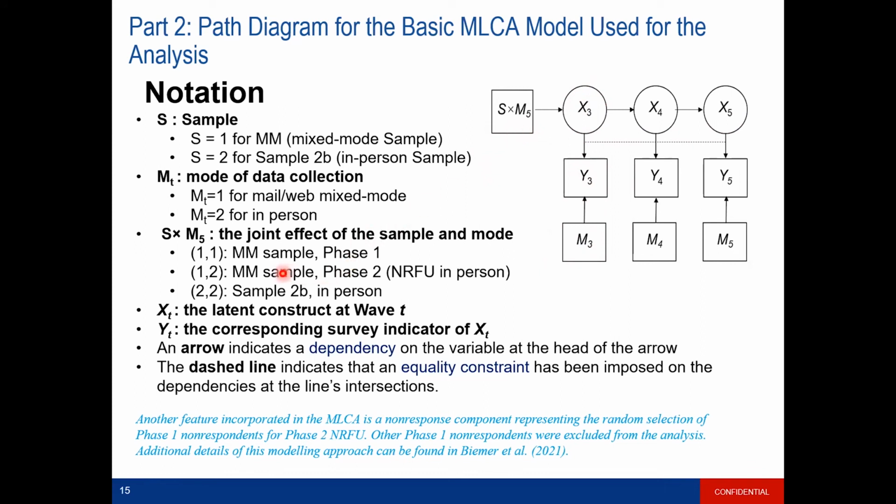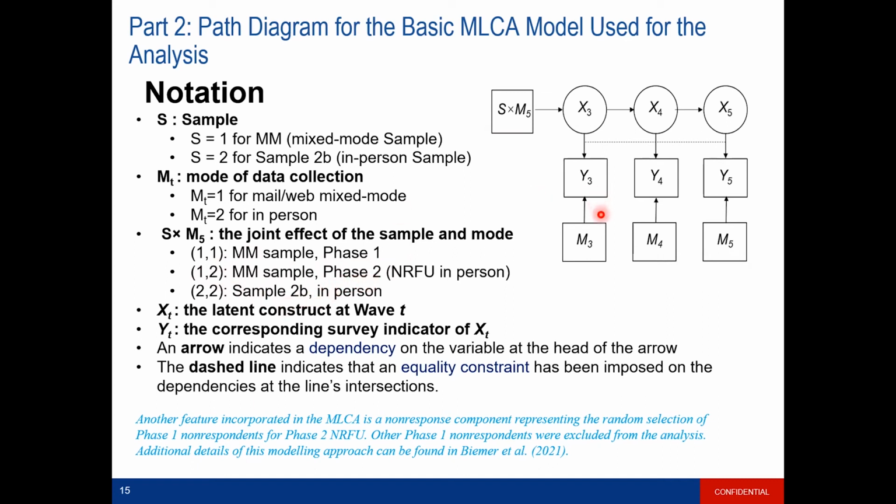So for example, for the mixed sample phase 1, it could be a sample 1 and the mode equals to 1, which is mixed mode. And also for the mixed mode sample, we had a NERF phase, which is the second phase, what we did the in-person interview for these cases.